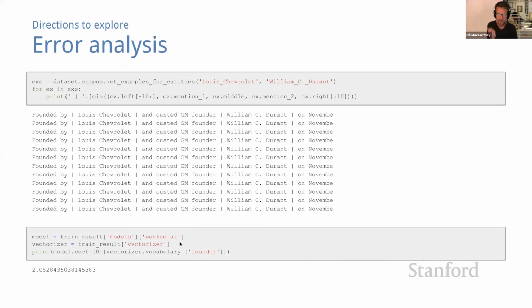So that's what happened. We've got 12 examples. Each of them is contributing a sizable weight. And the result is that the model is completely convinced that the worked at relation holds here. By the way, I didn't check, but I'm confident that the model for the founders relation will also predict that the founder relation holds here.